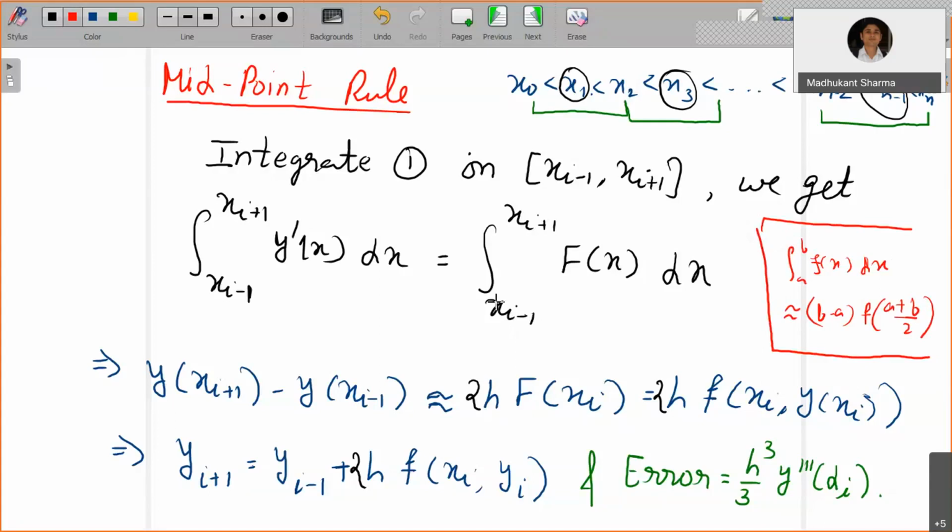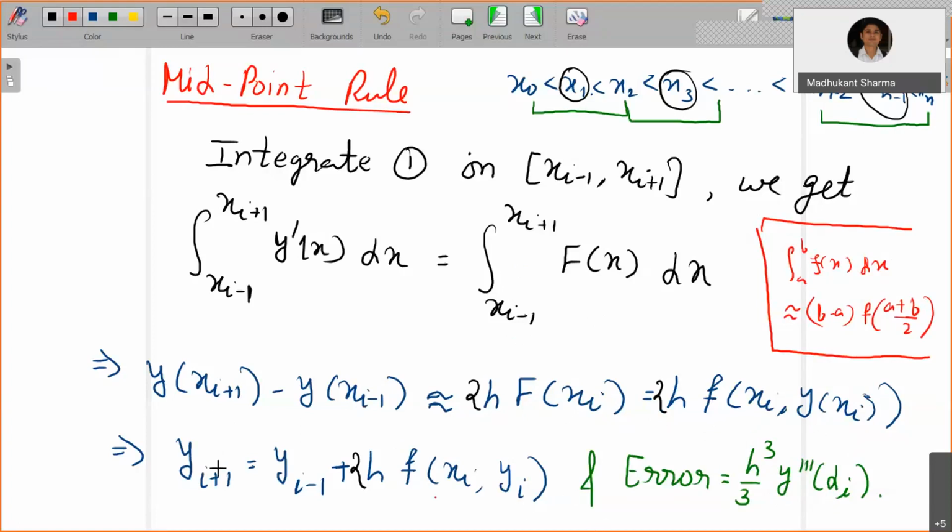So xi plus 1 minus xi minus 1, and f at (xi plus 1 plus xi minus 1) divided by 2, which is nothing but the point xi. So that is 2h times f of xi, y of xi. The error term is also in a similar fashion: the second derivative of f, that is the third derivative of y at xi, times h cubed by 3. Now look at this: y at i plus 1 is equal to y at i minus 1 plus 2h f of xi, yi. Now what will happen?